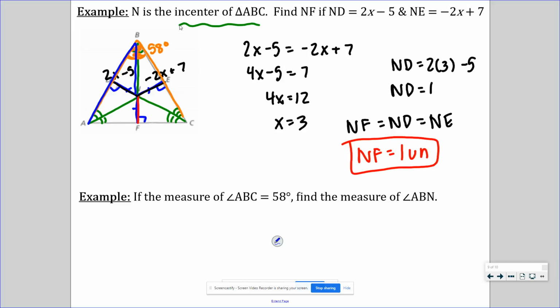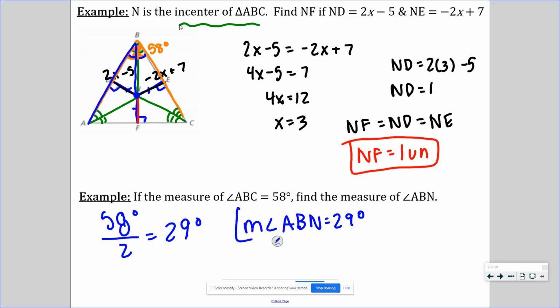Well, since N is the in-center, it lies on the angle bisector. So to find that angle, I would just have to do half of 58, which is 29. So that'd be the measure of angle ABN, because we know it's the in-center, it's on the angle bisector. Okay. That's all we have to do for that.